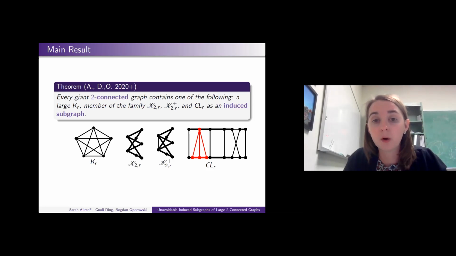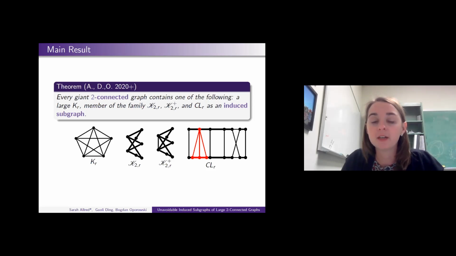So if this red structure has at least R vertices, which is our target order, then this is a special case of a clean ladder of our target order. So we're good. In fact, if we have a clean ladder that is bigger than our target order, we're also going to be satisfied.